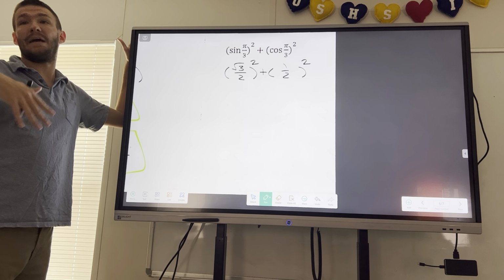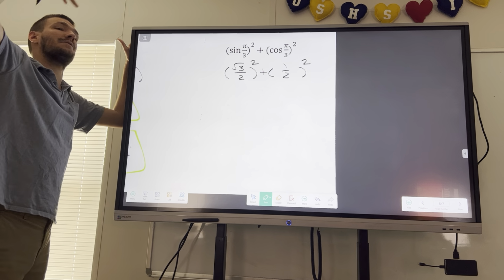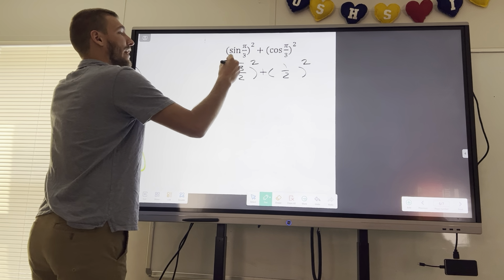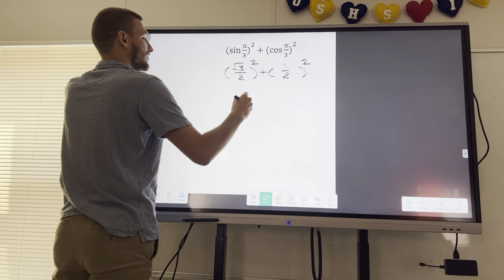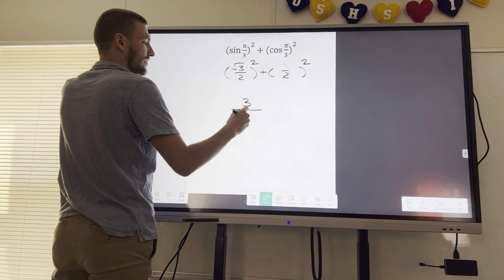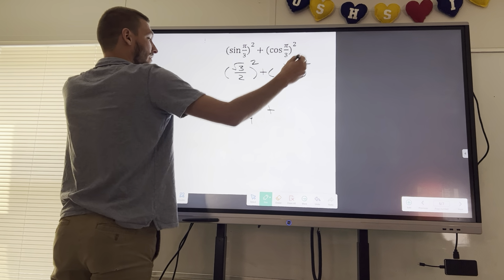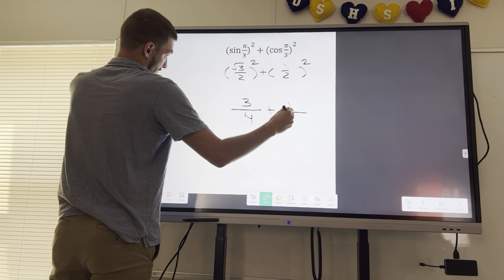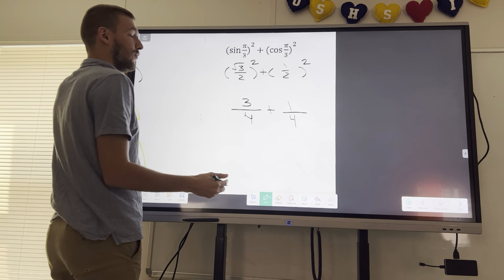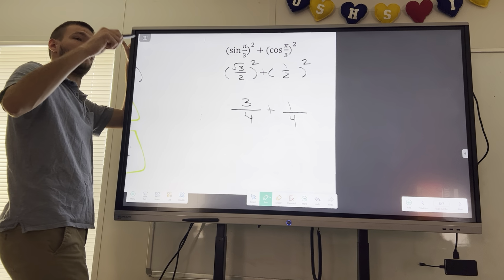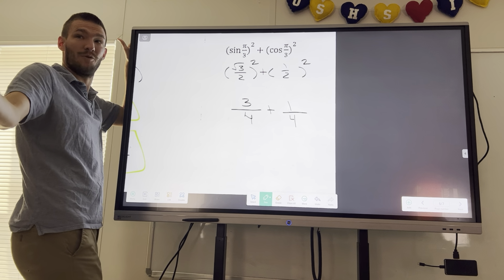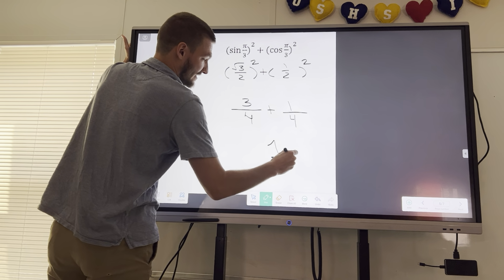Multiply by itself, which basically means square the top and square the bottom. So what is the square root of 3 squared? 3 over 4 plus 1 squared. And what is 3/4 plus 1/4? 4/4, which is 1.